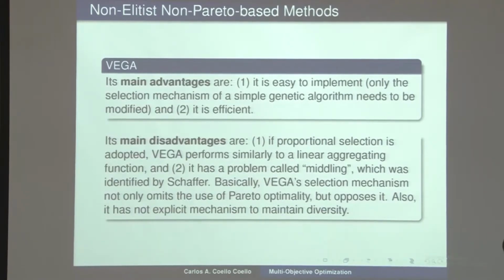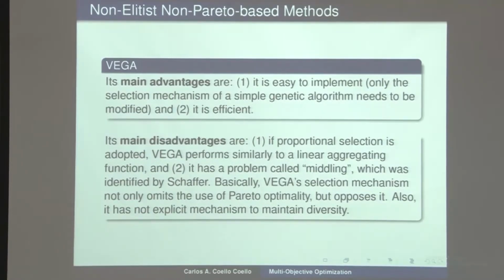Because if you are selecting the best in each objective, then a non-dominated solution is not the best in each objective unless you are in the extremes of the Pareto front, right? You want the best trade-off, not the best objective function value. So if you always select the best, it's not only you are not using Pareto optimality, you are going against Pareto optimality.